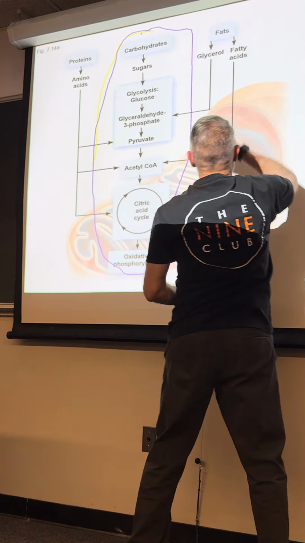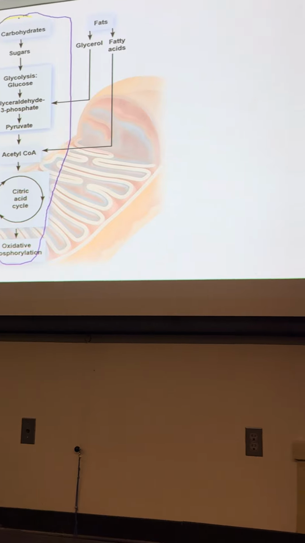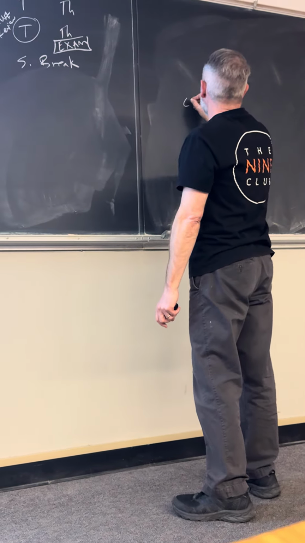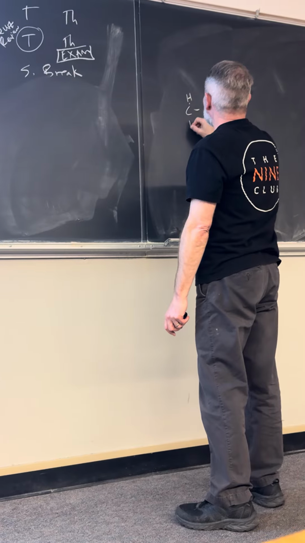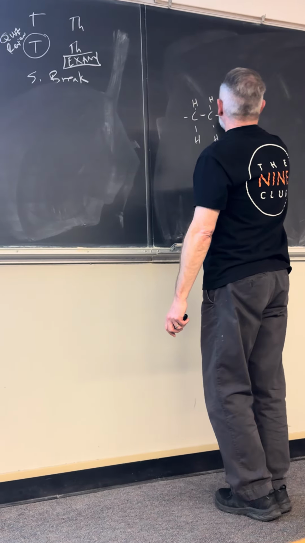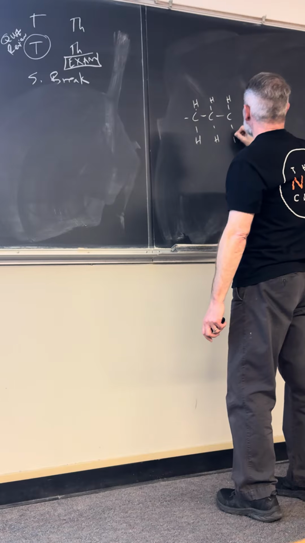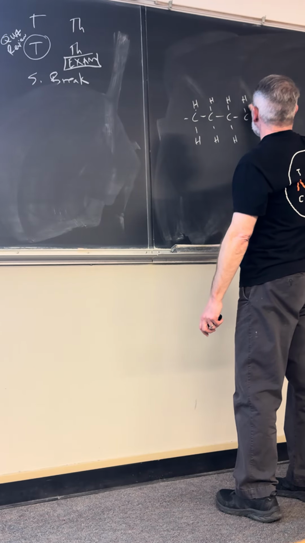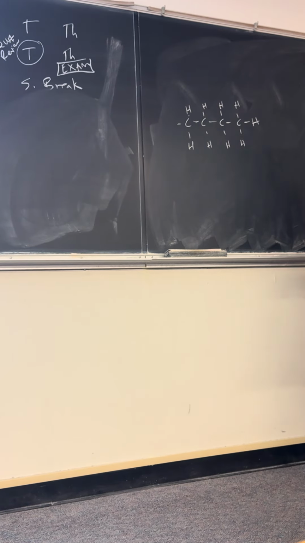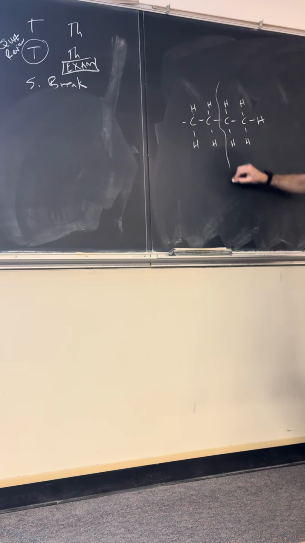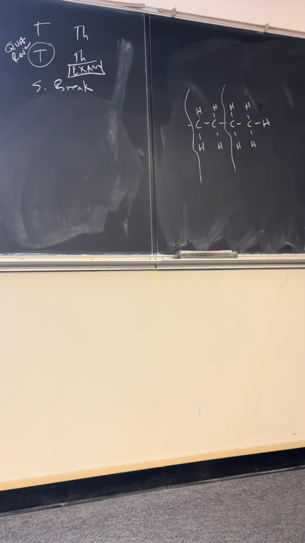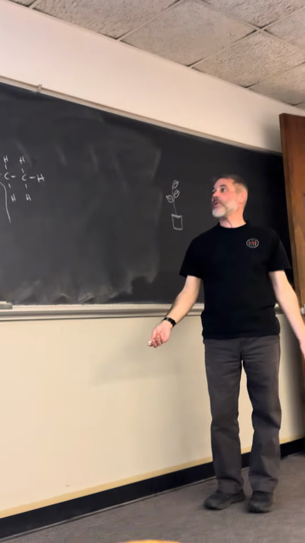If we think about what a fat is, a glycerol plus the fatty acids. So the fatty acid chain, just a small example, would look something like this, right? So if we were to break that into smaller pieces, we would have 2 carbon molecules like acetyl-CoA.